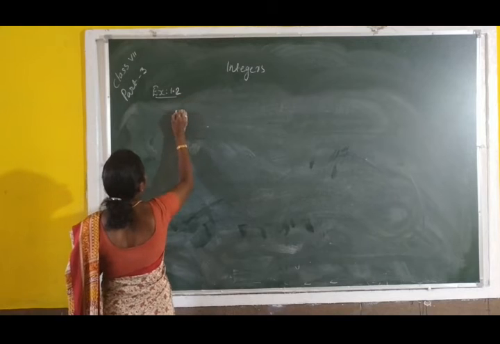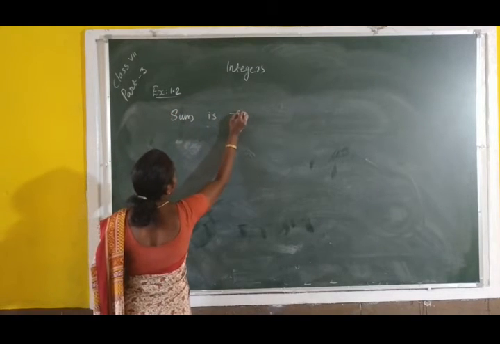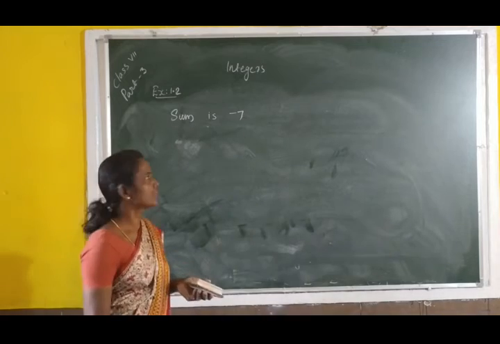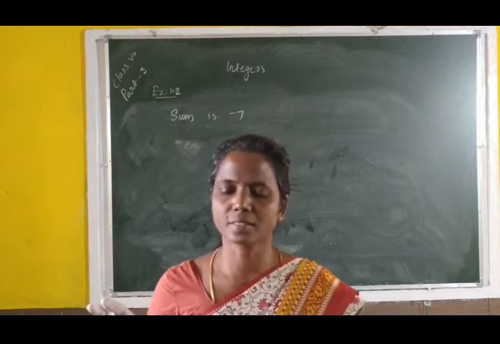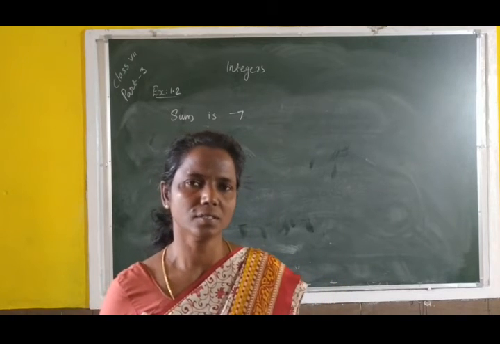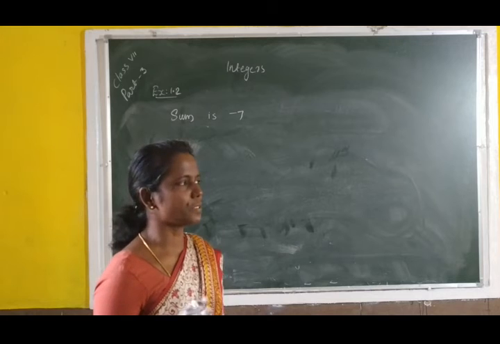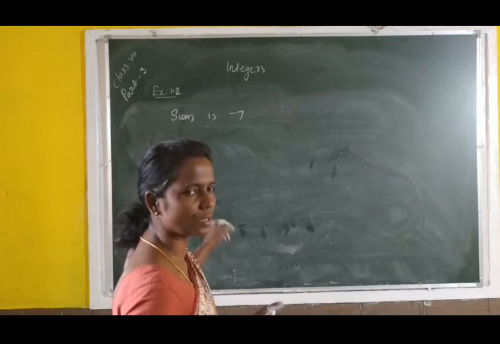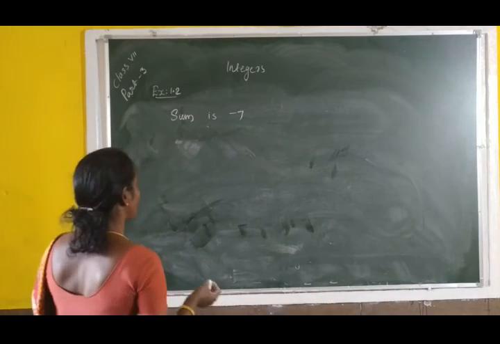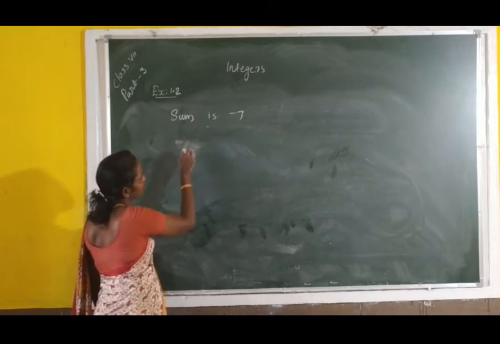Negative 7 means when we add two numbers, the answer is negative 7. Can you say one pair? Pair means how many numbers will come? 2 numbers. So can you say a sum of negative numbers whose answer is negative 7?